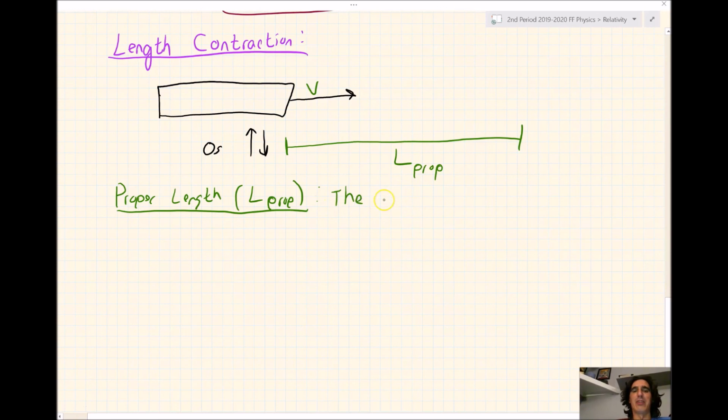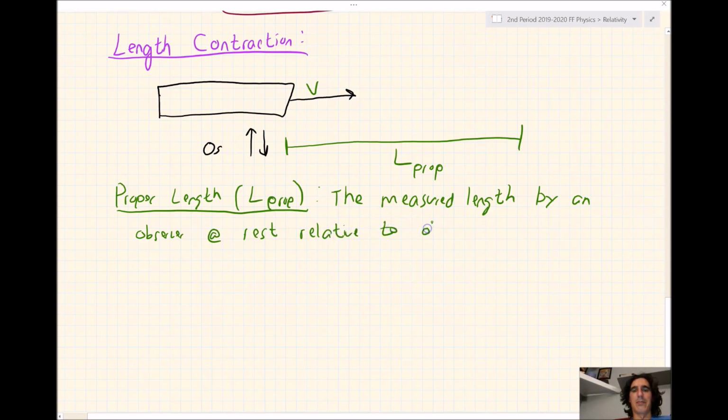It's the measured length by an observer at rest relative to the object. So that length is the proper length.